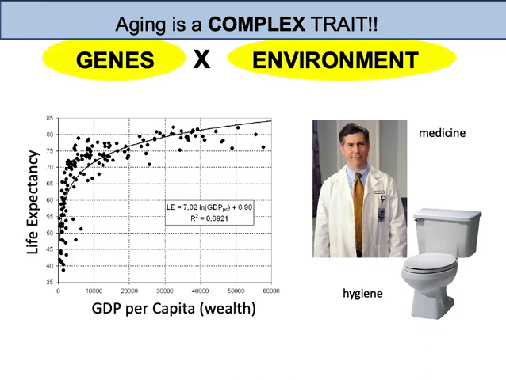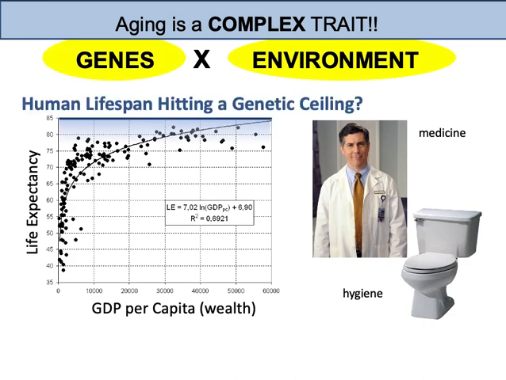Okay. So the thing is, as I just mentioned, as GDP increases more and more, life expectancy kind of flatlines, right? In other words, it's not a linear relationship where as GDP increases, life expectancy increases more and more.